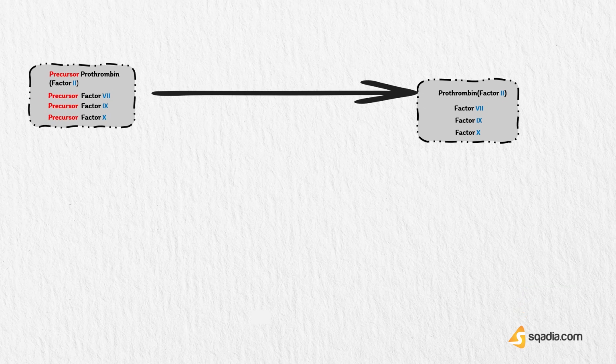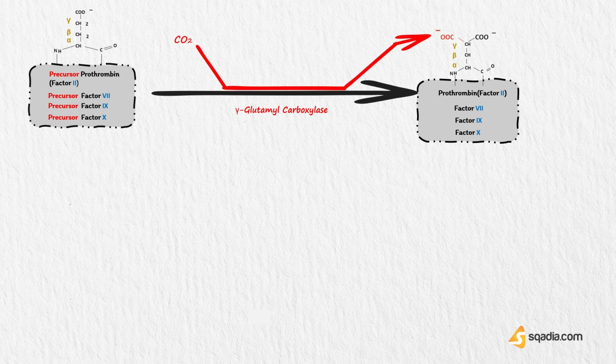When glutamate residues are carboxylated to gamma-carboxyglutamate through the enzyme gamma-glutamyl carboxylase and carbon dioxide, you can see carbon dioxide incorporated in the structure, and oxygen is also involved, which will produce water, but this conversion is incomplete without vitamin K. Vitamin K is a cofactor for gamma-glutamyl carboxylase, so which form of vitamin K is used?